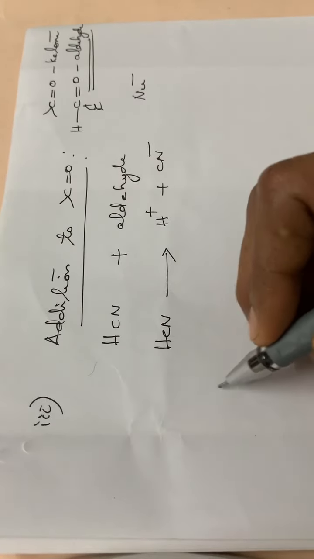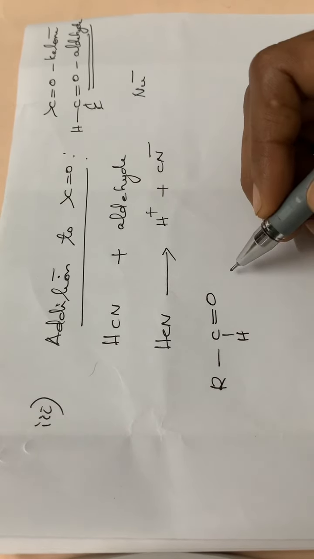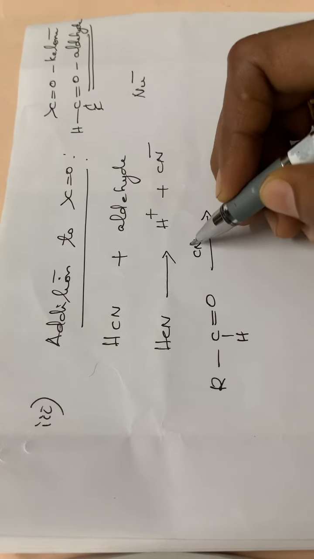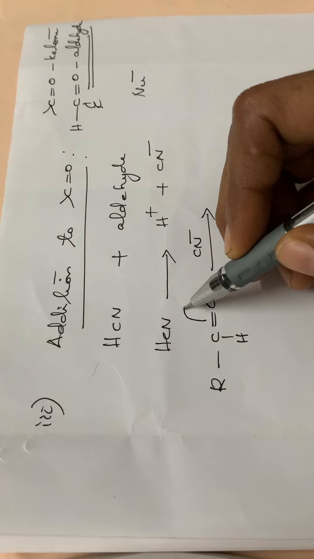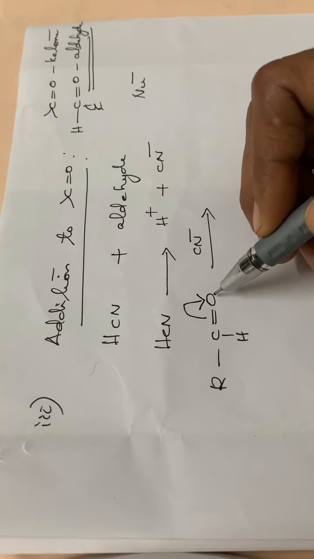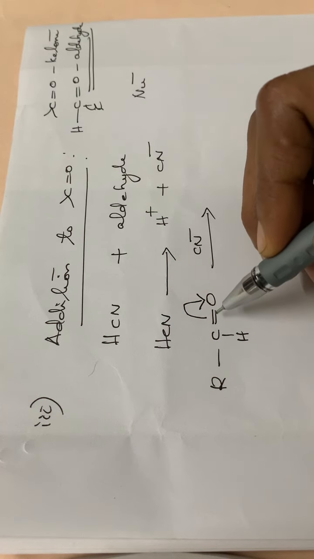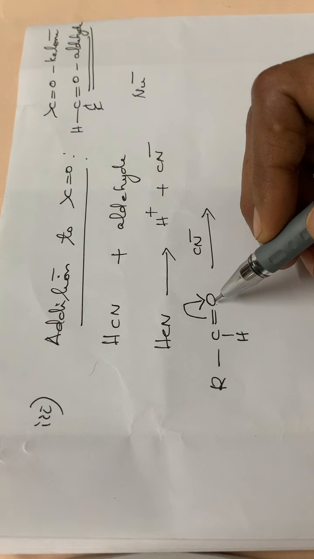So let us write an aldehyde, RCH double bond O. To this species CN minus will be attacking. While this nucleophile is attacking, what happens? This is a hetero group, isn't it? One of them is a carbon atom and the other is an oxygen atom. So there is an electronegativity difference, and oxygen has more electronegativity.